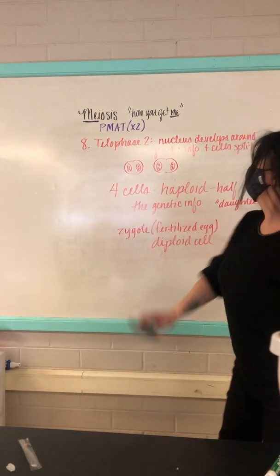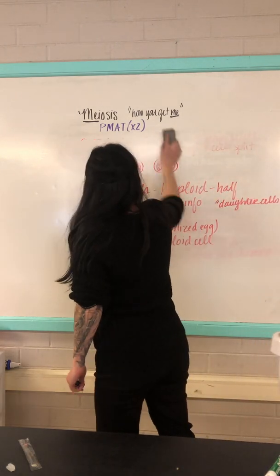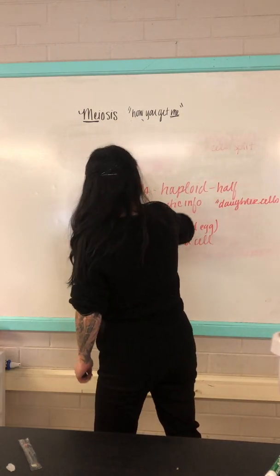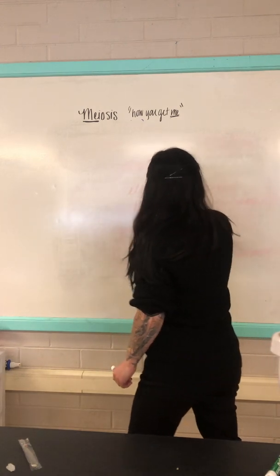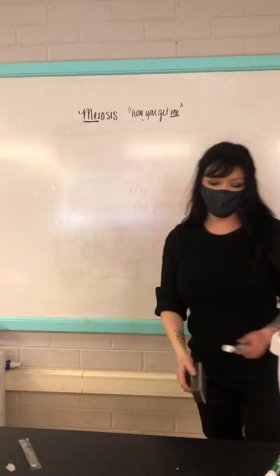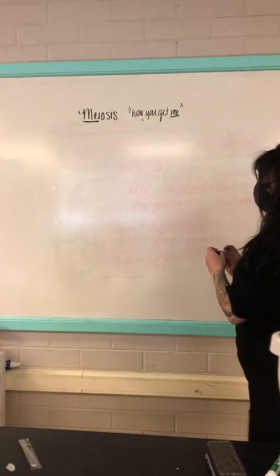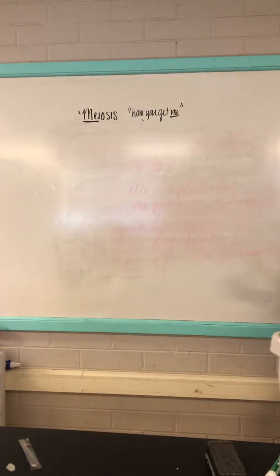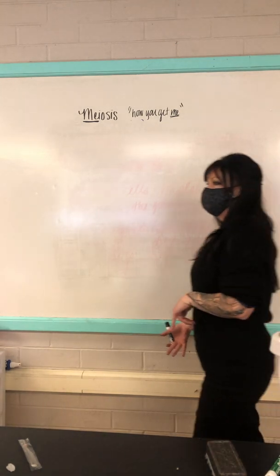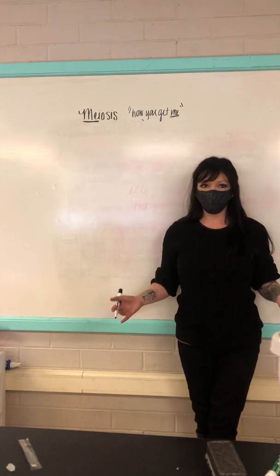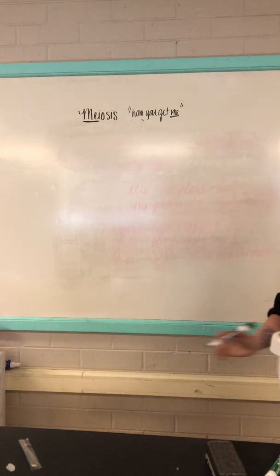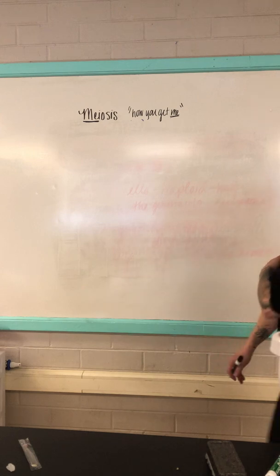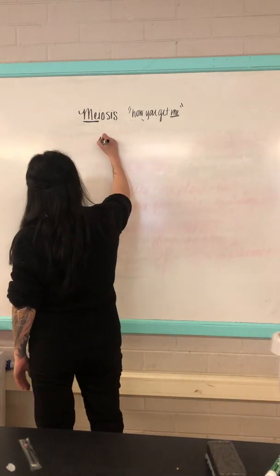Okay, so things that are important with this, and these will be things that you'll probably see on your test, but you'll be asked about how sexual reproduction has more advantages than asexual reproduction, something along those lines. So this has something called independent assortment.